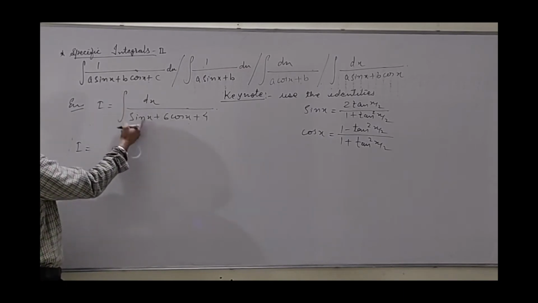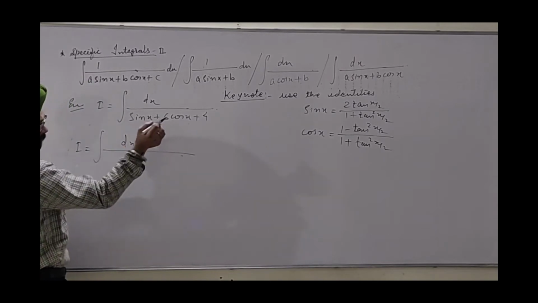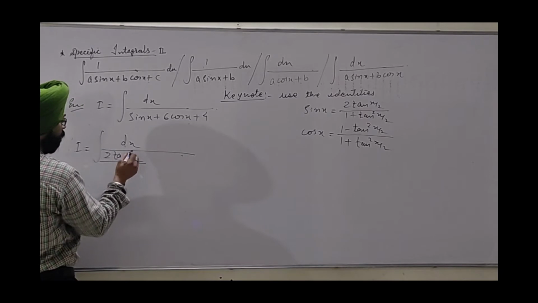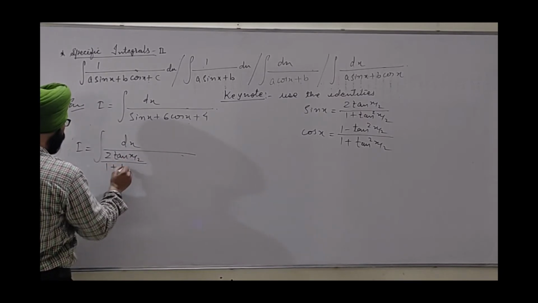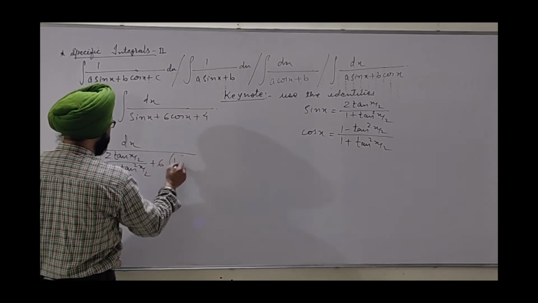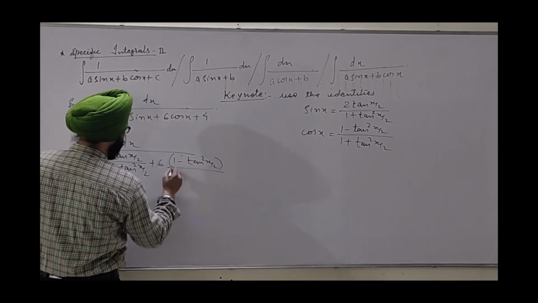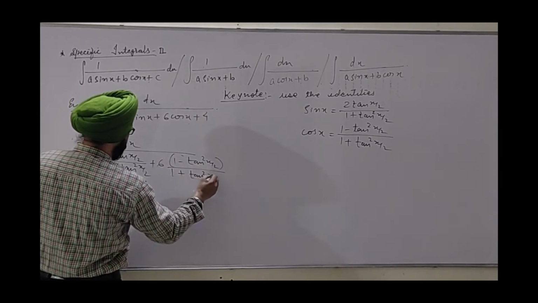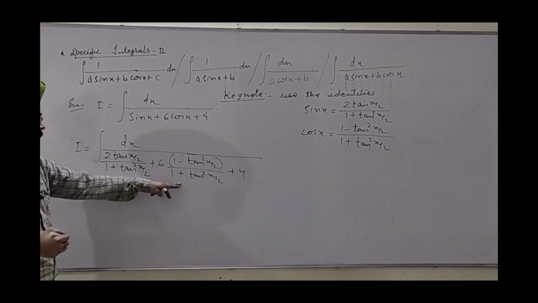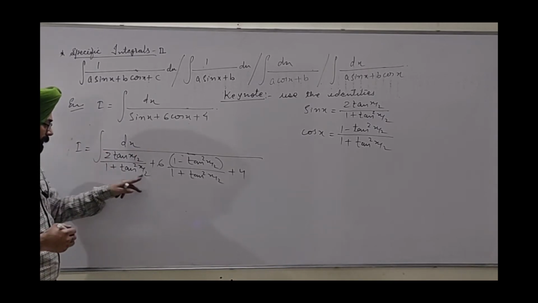I have taken the first pattern. dx, with sin x replaced by the identity 2 tan(x by 2) upon 1 plus tan square(x by 2). Here 6 into (1 minus tan square(x by 2)) upon (1 plus tan square(x by 2)) plus 4. This in place of cos I have written, and this identity in place of sin. Now you can check each case.